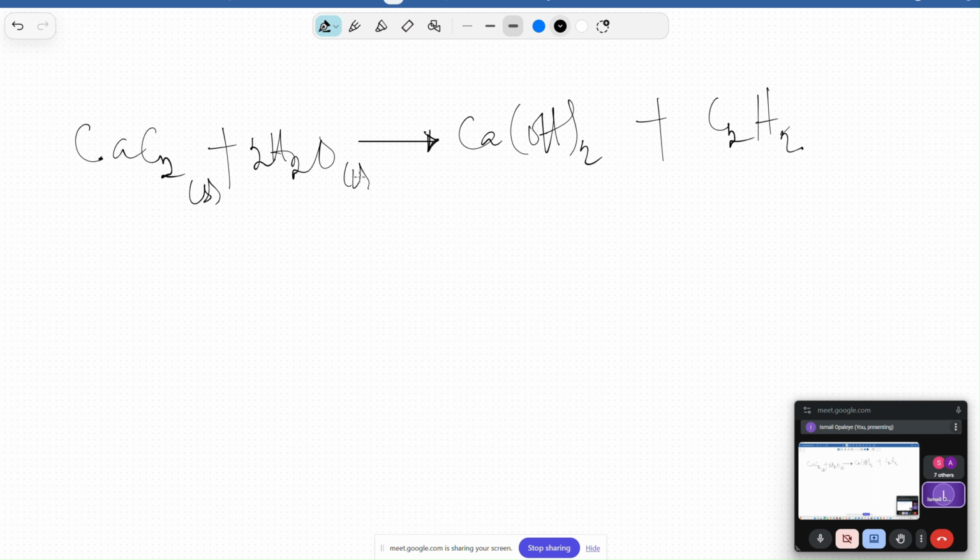Your water, I said cold water, so it's definitely a liquid. So if that should happen, calcium hydroxide, that's slaked lime, you're also going to have that as a liquid. However, this one here, ethyne, is a gas.